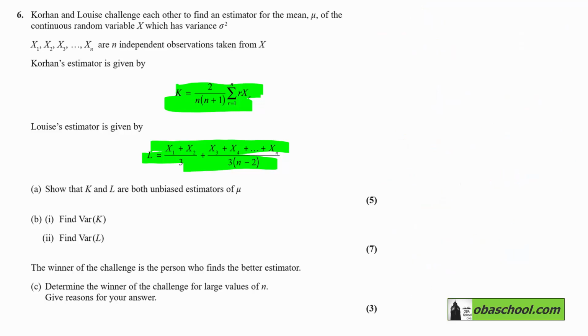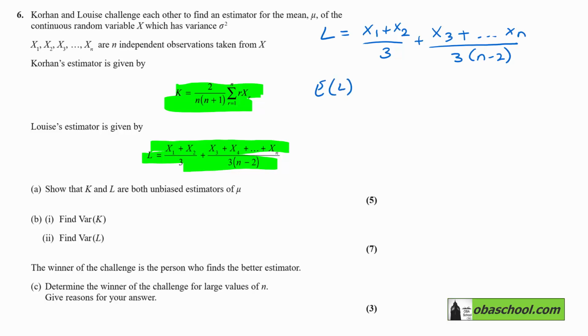So now let's look at Louise's. So she has x1 plus x2 over 3 plus x3 through to xn over 3n minus 2. So the expectation of L is going to be the expectation of x1 plus the expectation of x2 over 3. Well, that's just 2 expectation of x over 3.